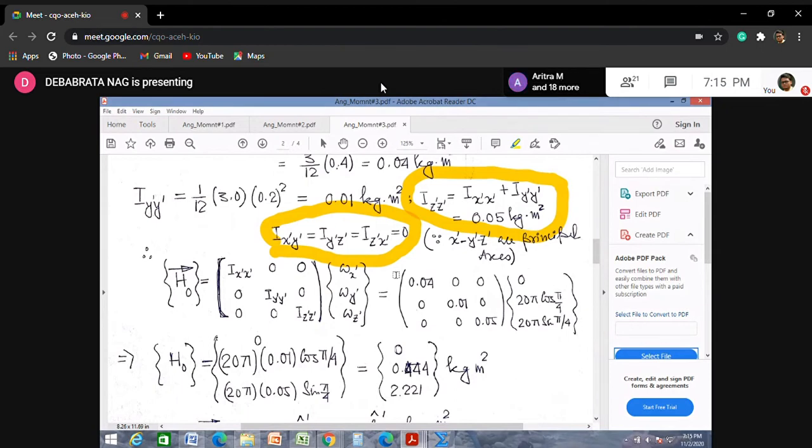So that's why all your product moment terms will be 0. We already discussed under what condition the product moment of inertia can be 0, in our moment of inertia foundation chapter.